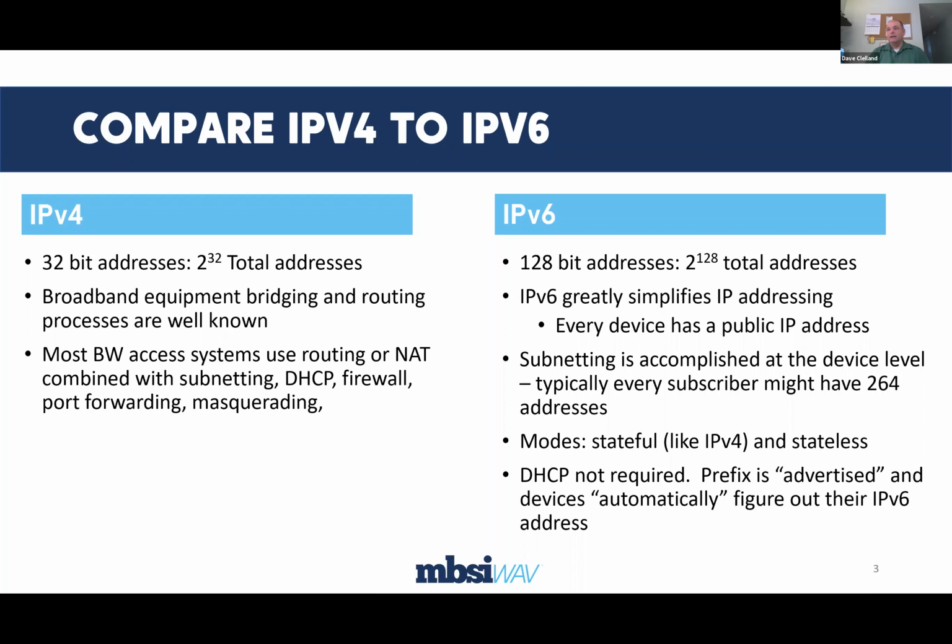Services like dynamic host control protocol, firewalls, port forwarding, and masquerading are well known, and lots of different subsystems are in use with default configurations in a lot of equipment.